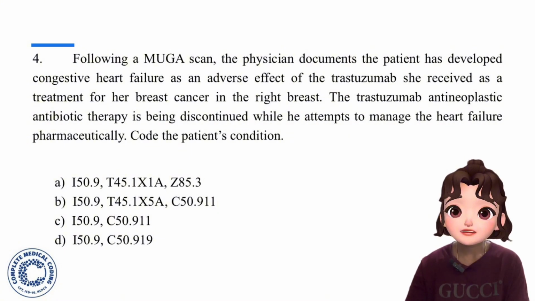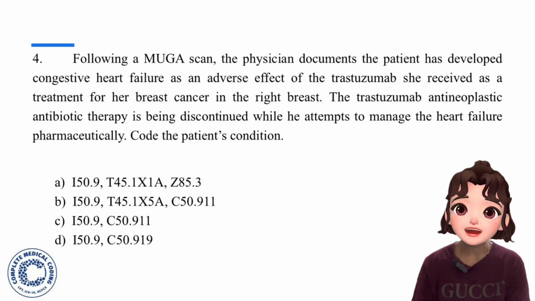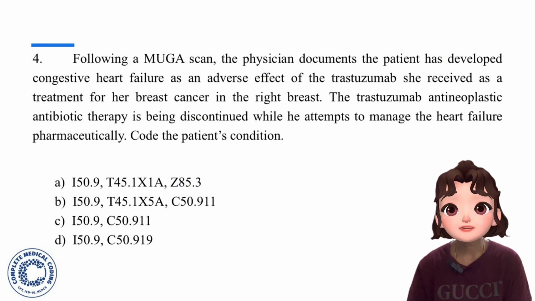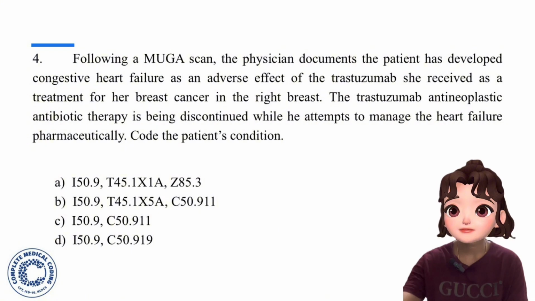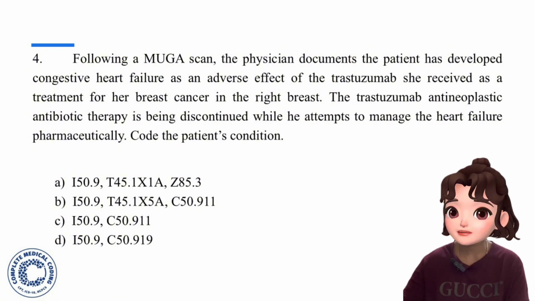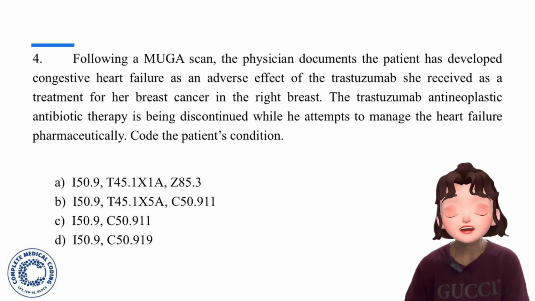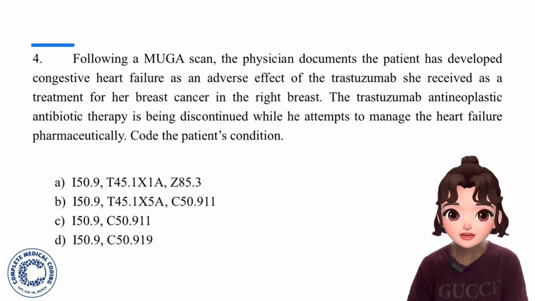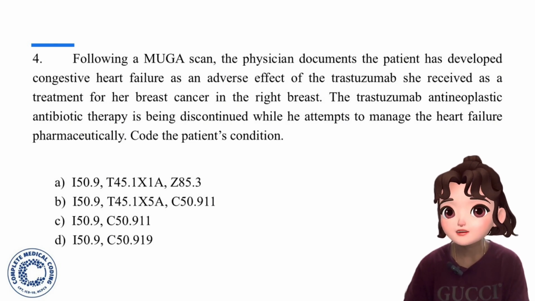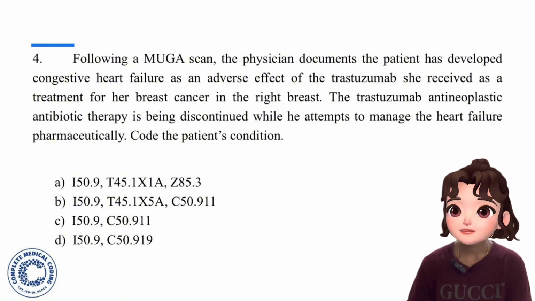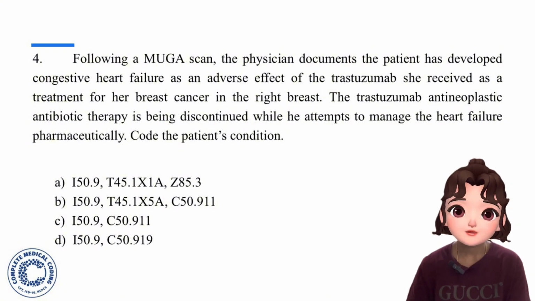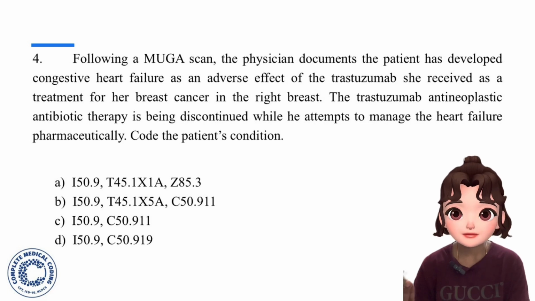If you check the other one, T45.1X5A, adverse effect of antineoplastic and immunosuppressive drugs, initial encounter. What is 1X1A? Poisoning by antineoplastic. Here in the question, it is not mentioned that he is poisoned due to the medicine. Nothing is mentioned about poisoning, but there is an adverse effect because of this medicine.